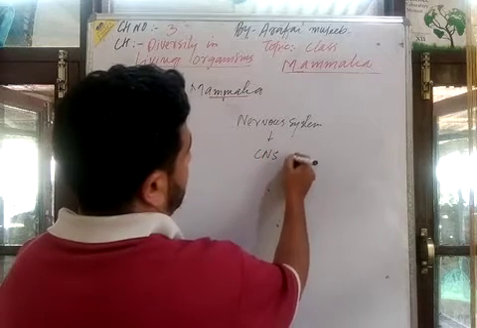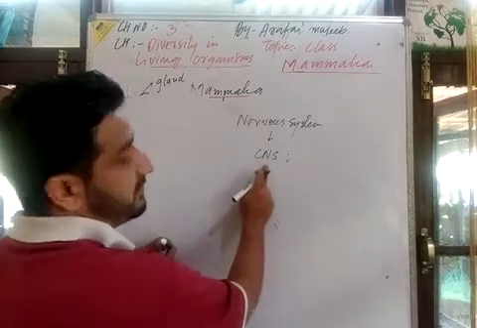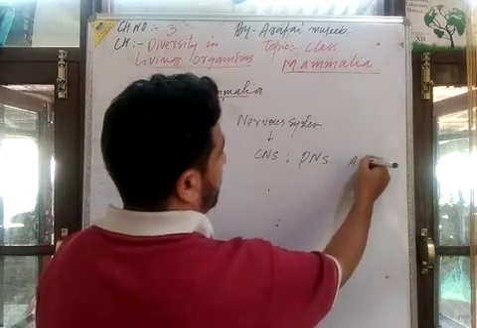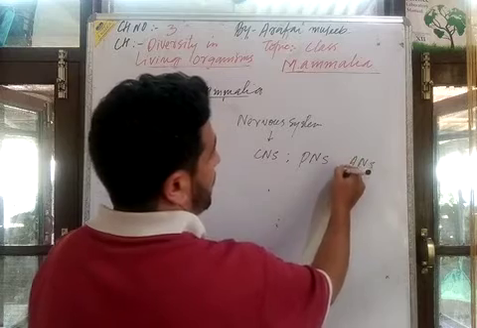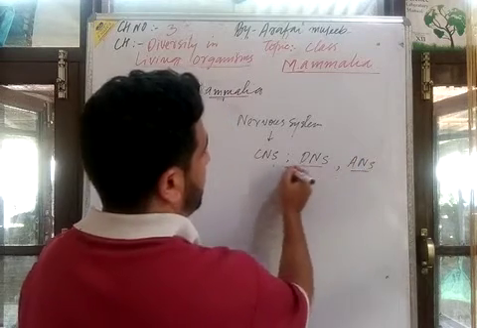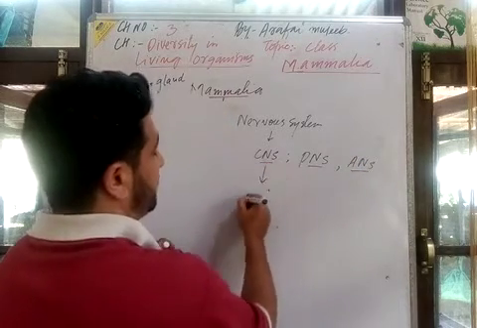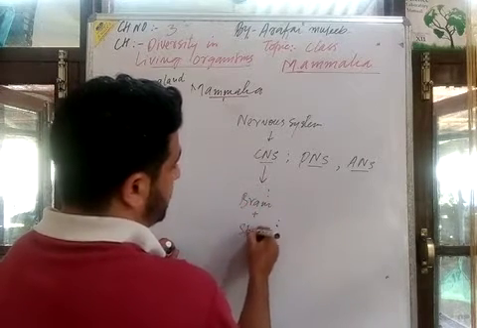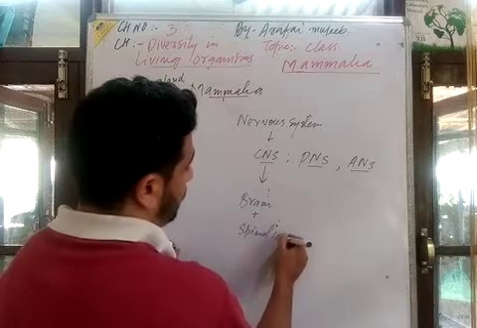They have the central nervous system (CNS), the peripheral nervous system, and the autonomic nervous system. The central nervous system includes the brain plus the spinal cord.